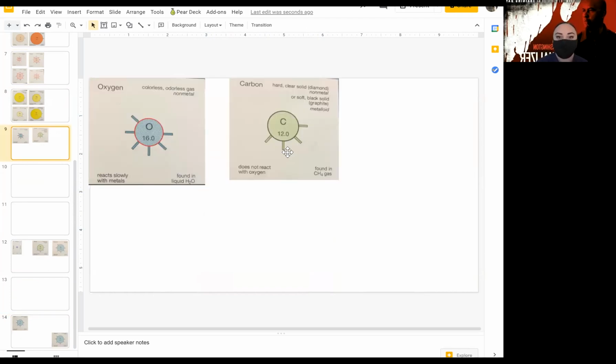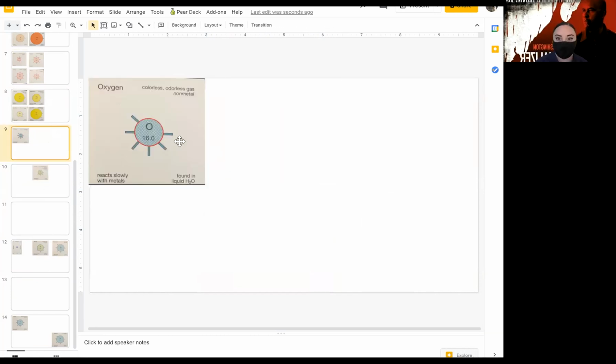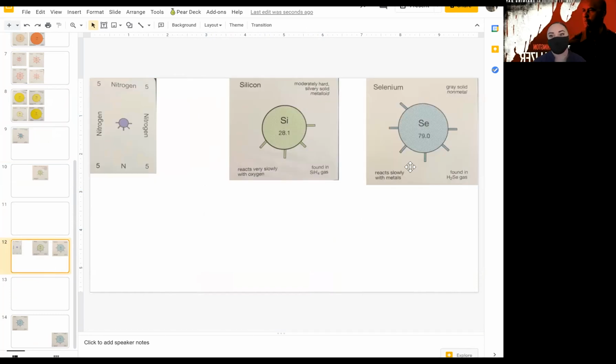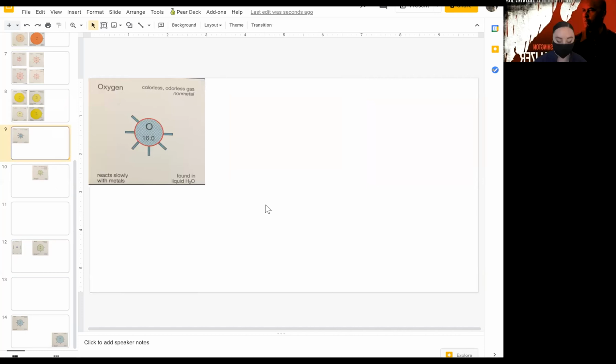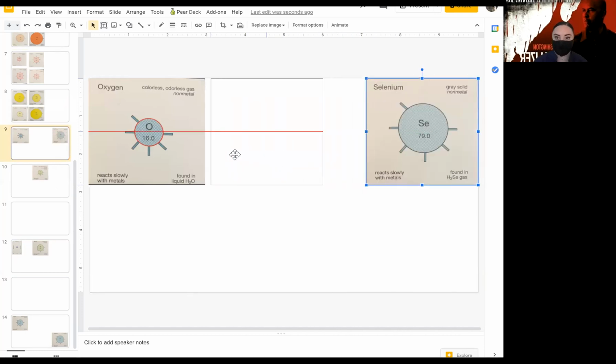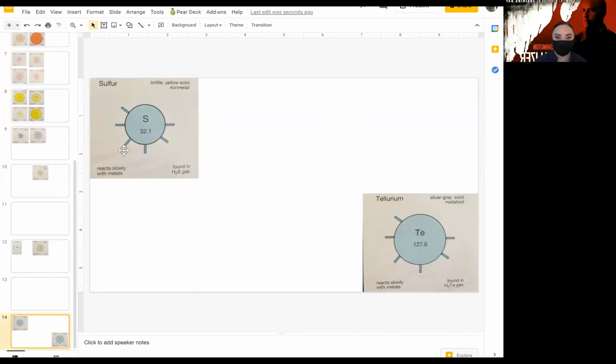Now I've got this blue speckly group for oxygen, and it has 6 sticks coming out of it. So I see selenium. Sulfur.